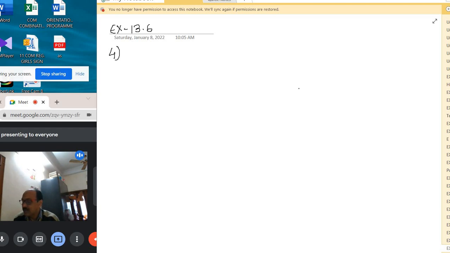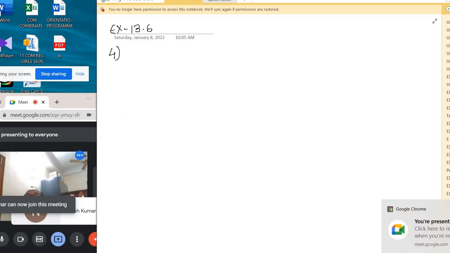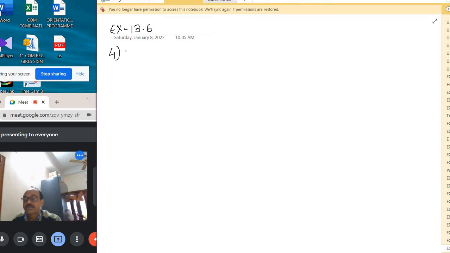Okay, so we know lateral surface means curved surface area, and what is the formula of curved surface area? That is 2 pi rh. Curved surface area formula of the cylinder is 2 pi rh. Now, height is also given, 5 centimeter.